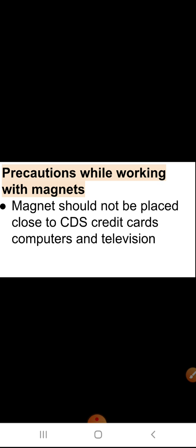All these instruments use magnets, and if you place a magnet near them, they will not work properly. So we should keep magnets away from electrical appliances, especially, and from all these things.